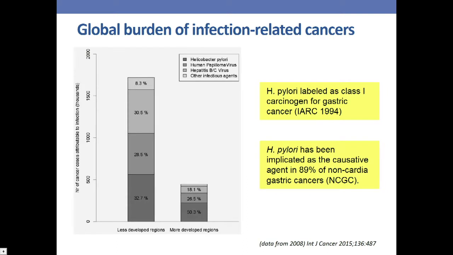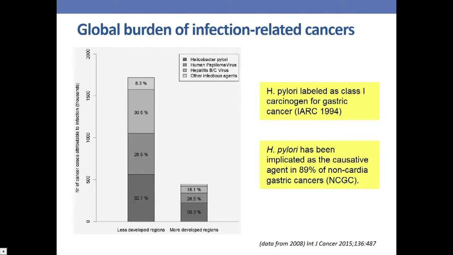When we look at infections, viral or bacterial, that are associated with cancers, whether you look at less developed regions or more developed regions, we see that the dark gray box at the bottom, H. pylori, is associated with gastric cancer.